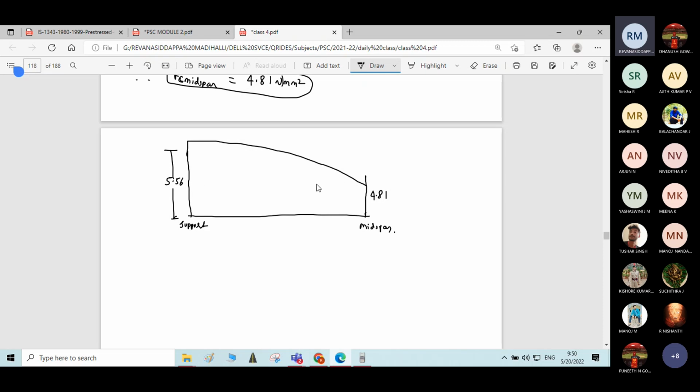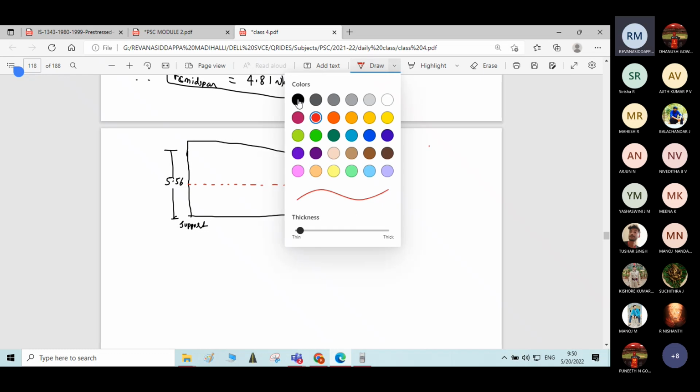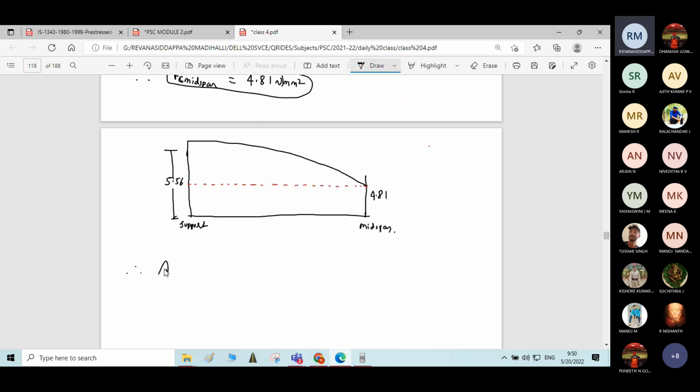See, up to here it is known. Up to this point we have 4.81 as the average stress. Therefore, average FC is equal to 4.81.